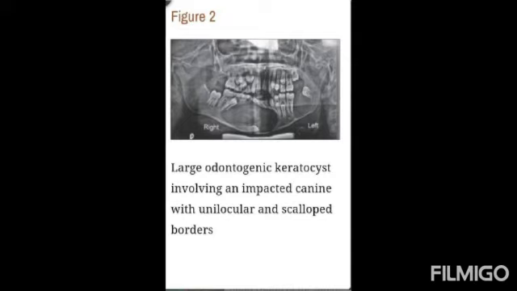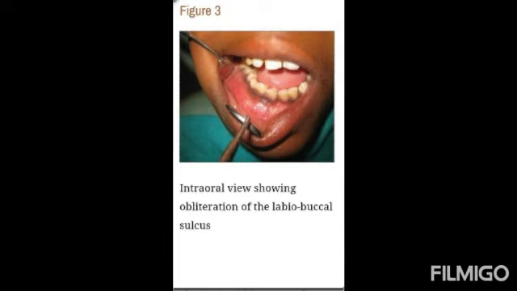The second picture shows a large OKC involving an impacted canine with unilocular and scalloped borders. It is unilocular and around the impacted canine. The third picture shows the intraoral view showing obliteration of the labiobuccal sulcus, so there is no clear sulcus depth.